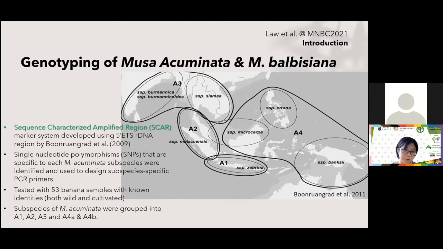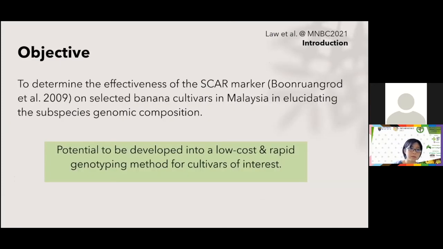The subspecies of acuminata were grouped into A1, A2, A3, A4A, and A4B. A4A is this huge group here, which covers the Banksii, Errans, and the Microcarpa, whereas A4B is not illustrated here, but A4B is Malaccensis.